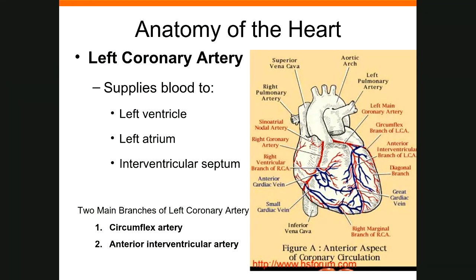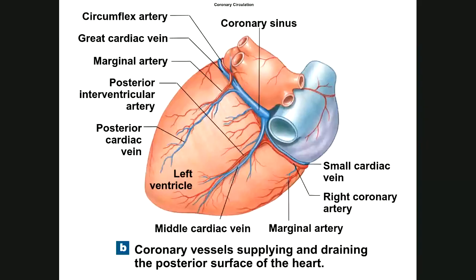It branches into two branches, the circumflex artery and the anterior interventricular artery. So it also has two branches, the same thing as the right coronary artery.